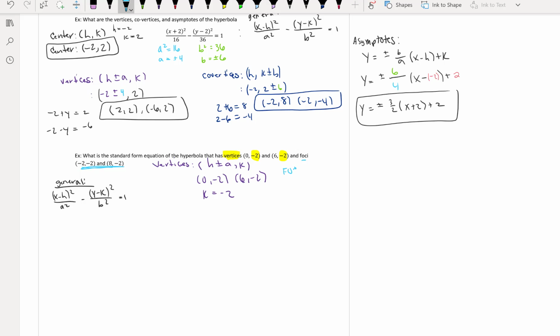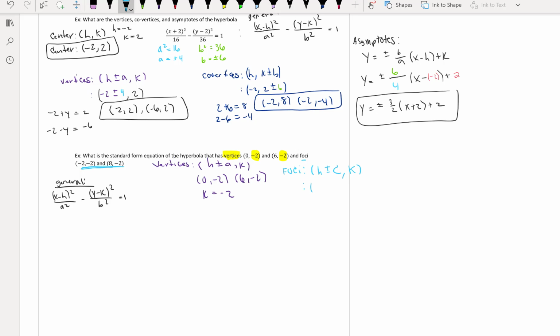So if I have my foci, the foci was given to me by a certain equation, and let me go ahead and grab it. That formula is h plus or minus c, and comma k.